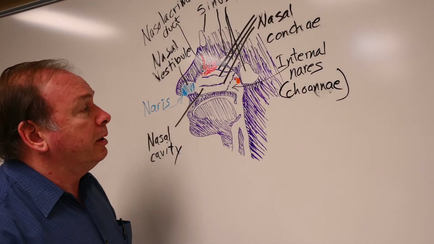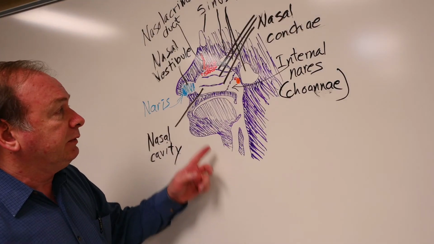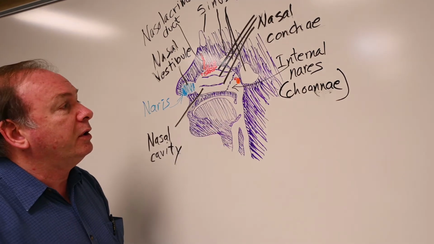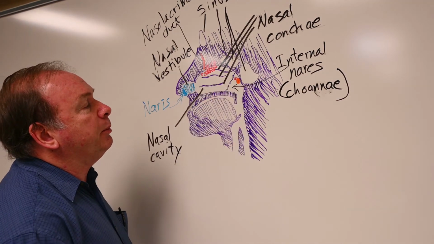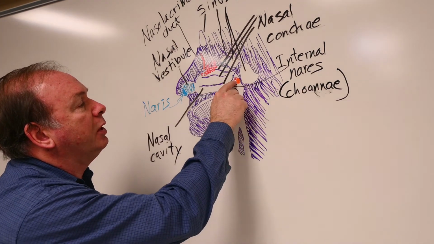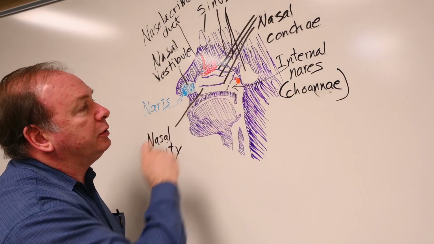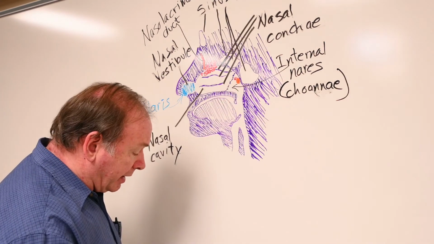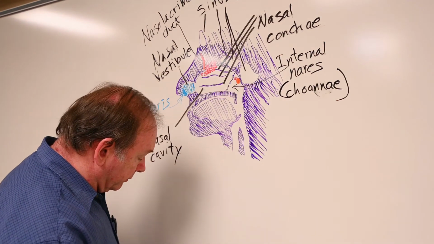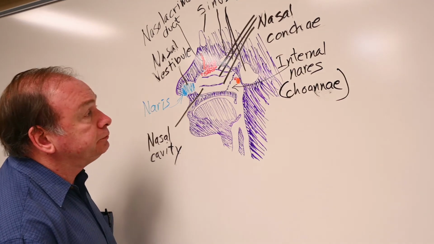Now back to our drawing on the board, looking at the pharynx. We already talked about the nasal passages and all those parts. We introduced the nasopharynx here and mentioned that in the nasopharynx we had an opening to the eustachian tube, and next to that we have the adenoid, or pharyngeal tonsil.